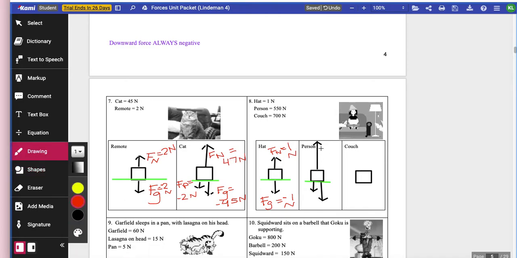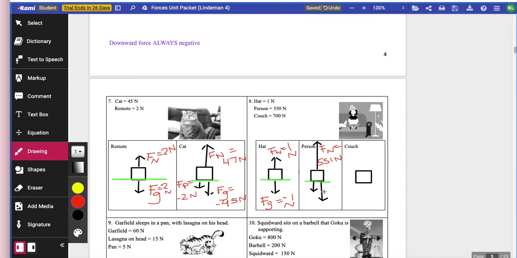So Fn is equal to, the person is 550, plus 1, so this is 551 newtons.